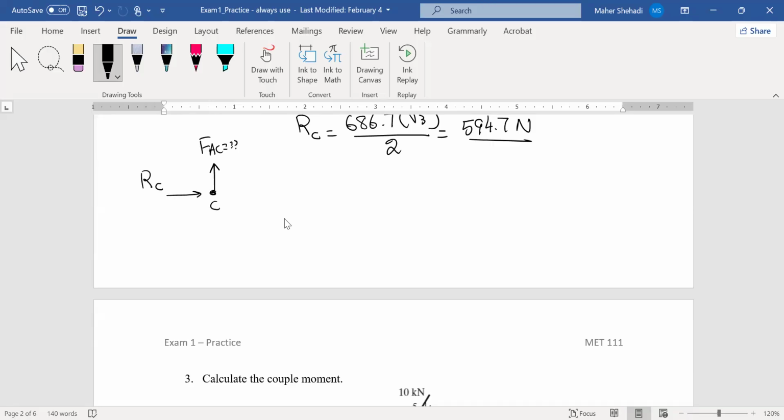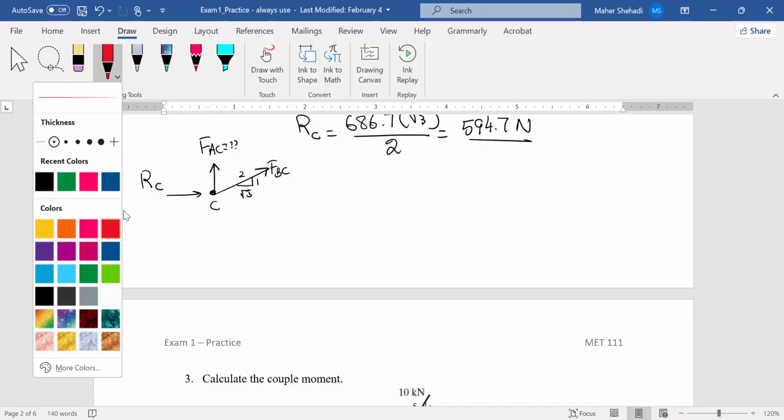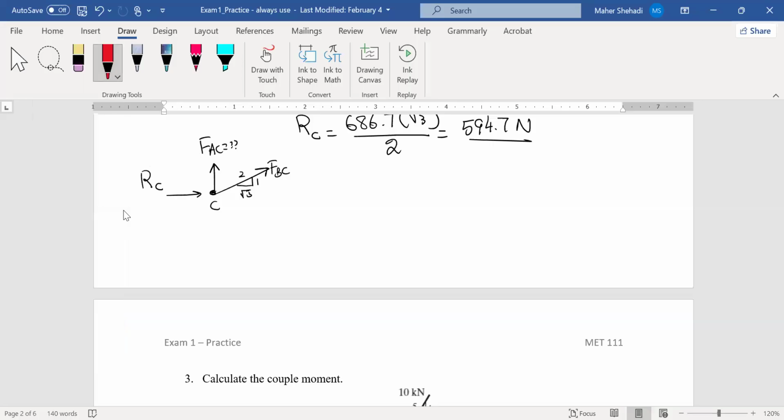And then I have FBC, and it has the slope, which is 1, square root of 3, and 2. I'm going to decompose FBC. It turns out we don't need RC at the end. So we just did this for nothing.